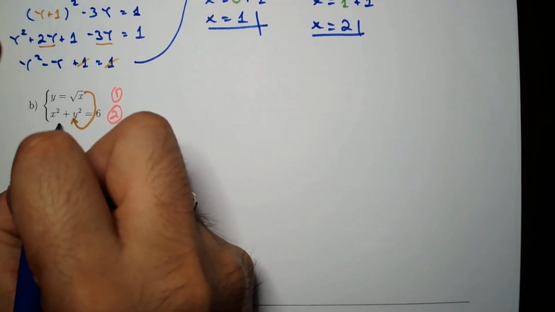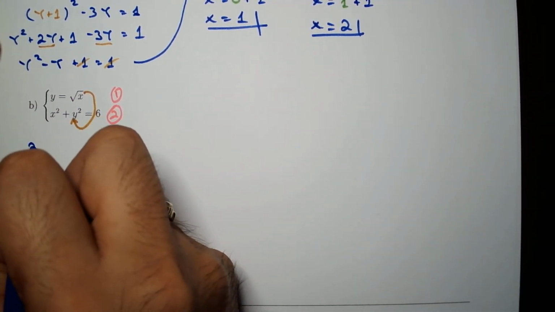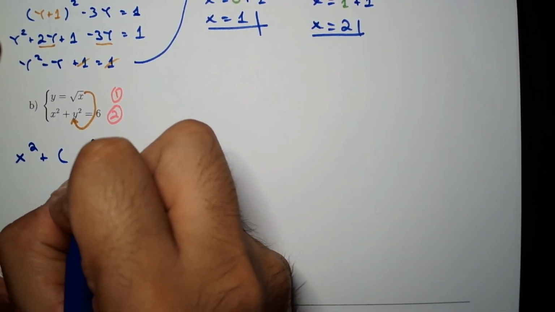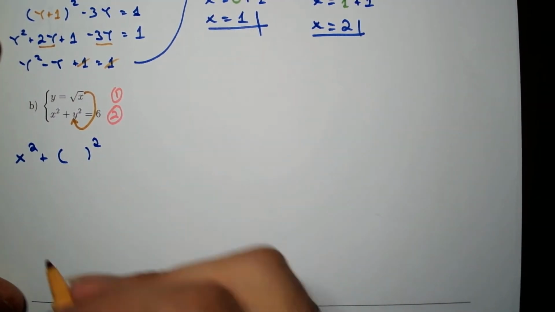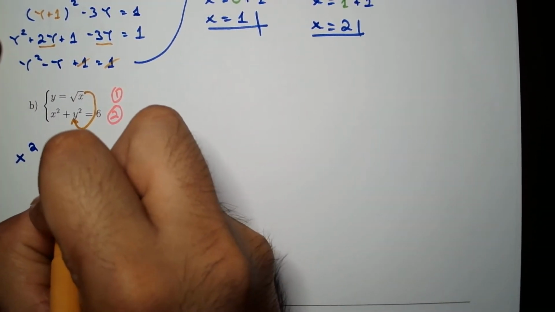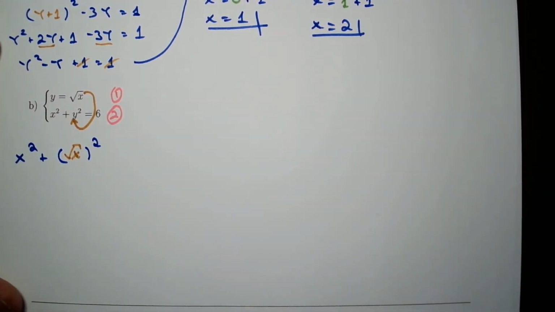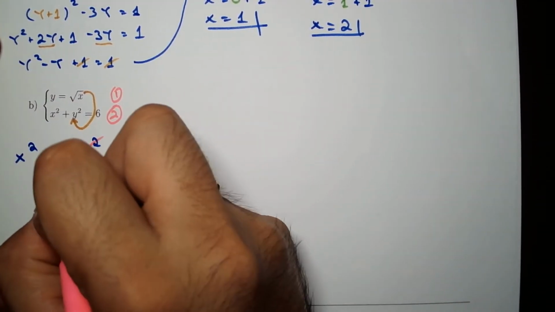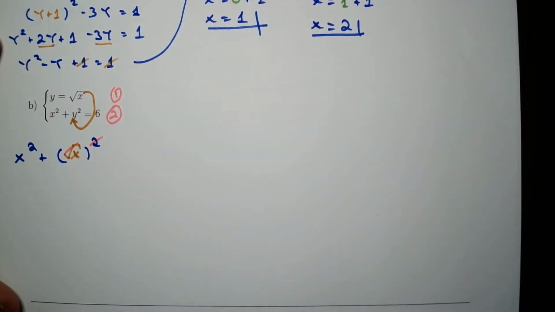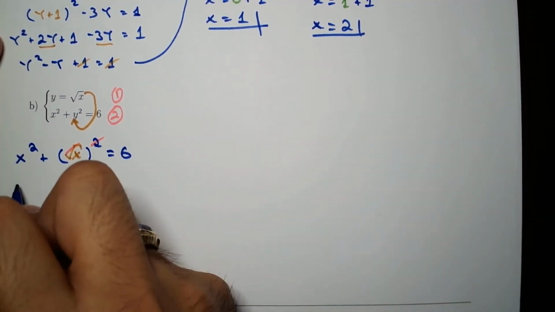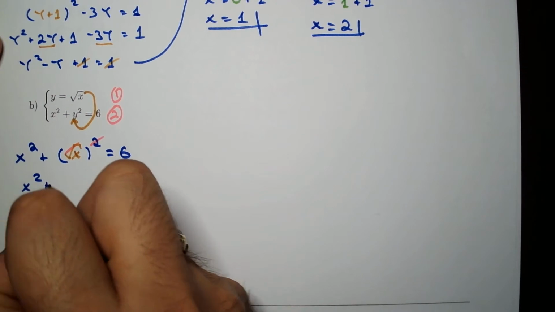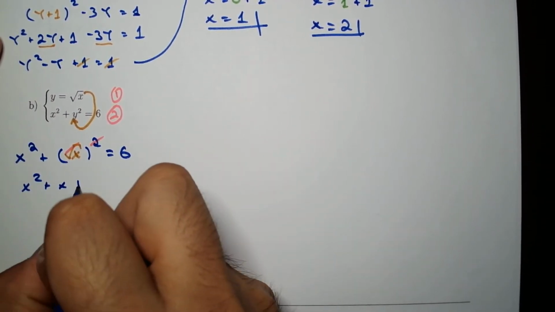So I'm going to work on the second equation, x squared plus quantity squared. Instead of y, I'm replacing with the square root of x. And as you can see here, the square cancels the square root. That equals 6, and we get x squared plus x equals 6.